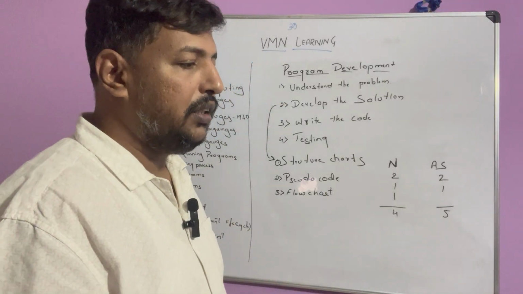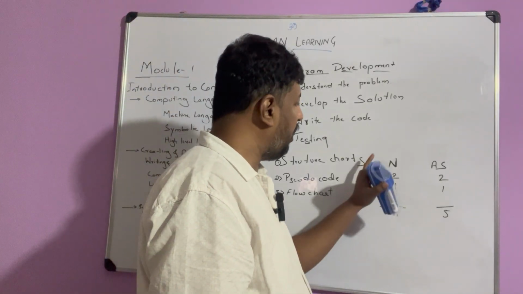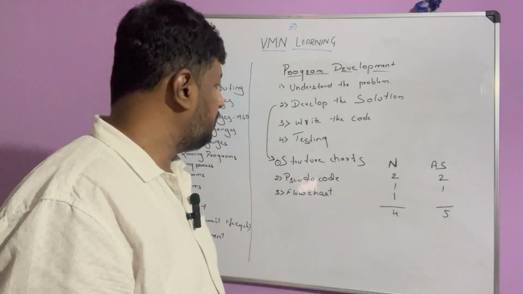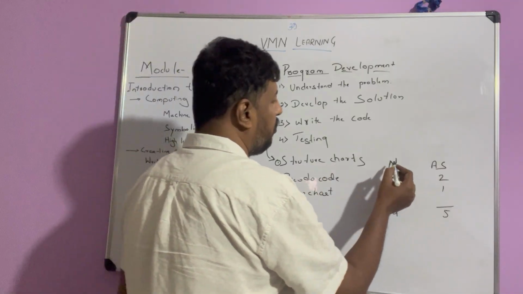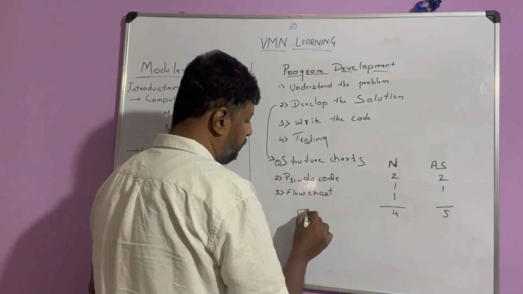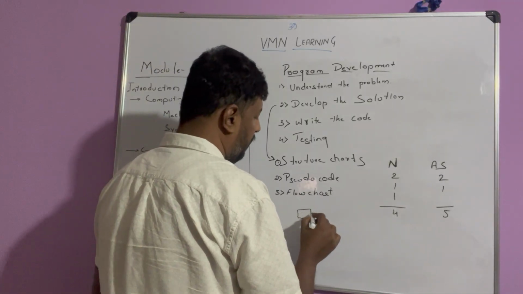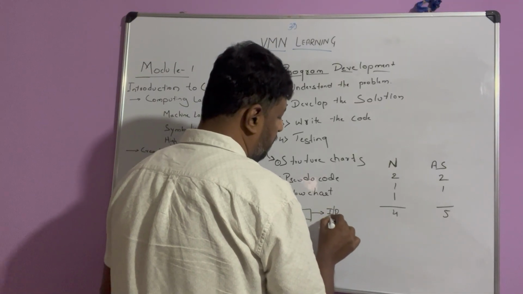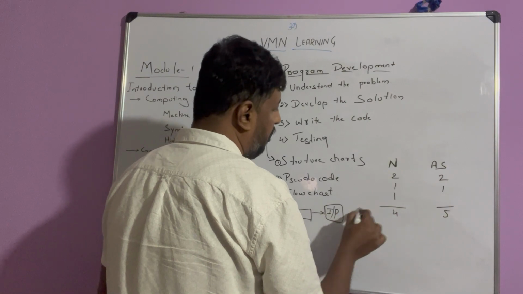Now how are we going to structure it as a chart? Once we start a program, first it will get the inputs, take all these inputs.